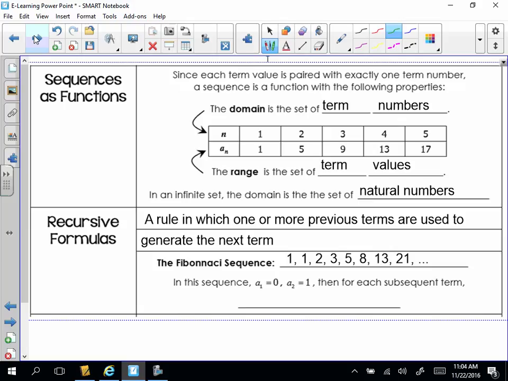So the next one is the addition of the previous 2. So the general formula for this would be a sub n equals a sub n minus 1 plus a sub n minus 2. We're getting to the 2 previous terms.